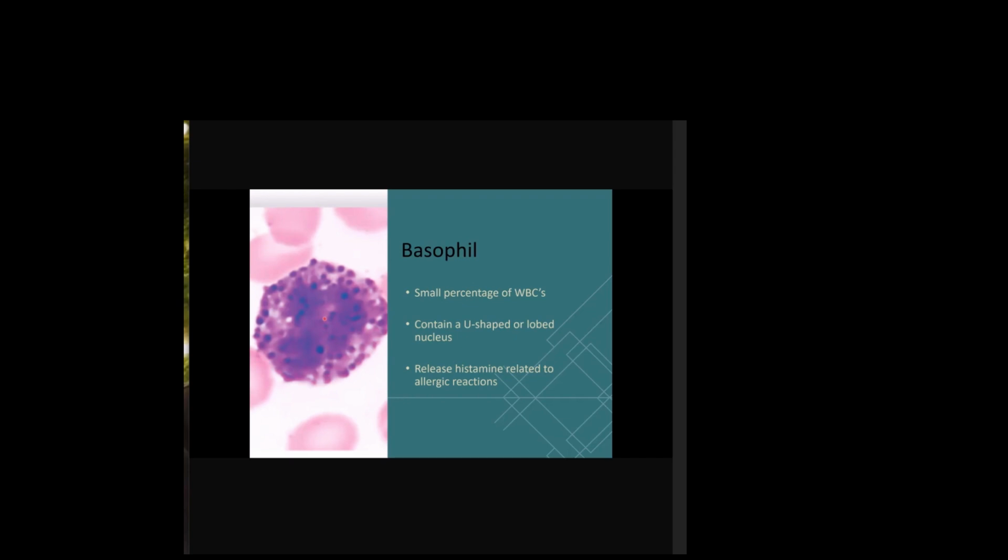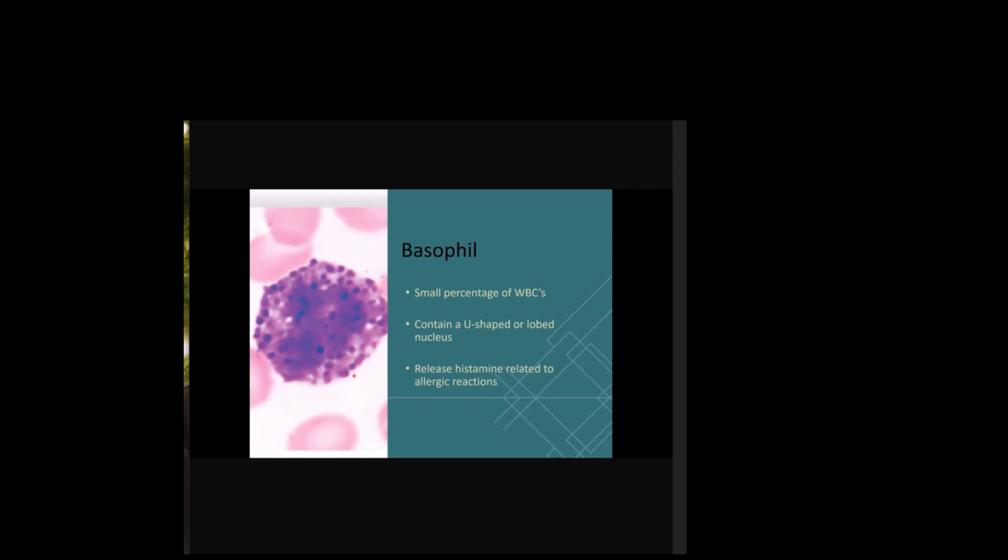These basophils produce histamine when you have allergies. Histamine will make your blood vessels dilate, and all of those things are associated with allergy reactions because of these basophils that produce histamines.